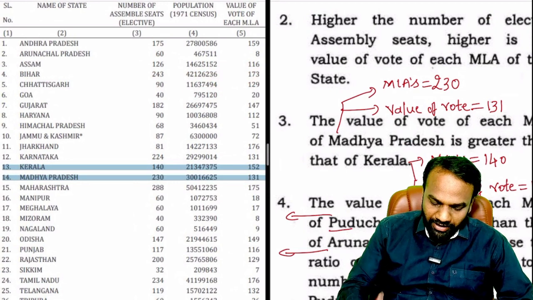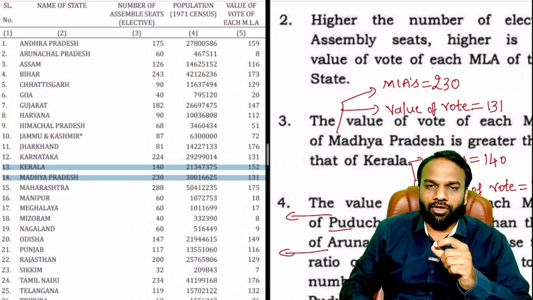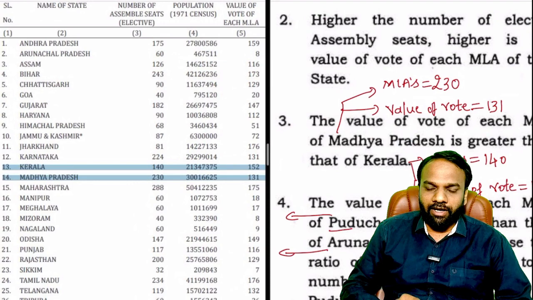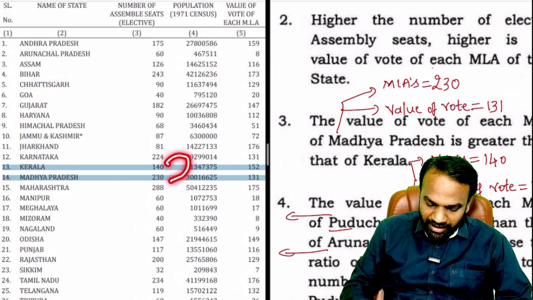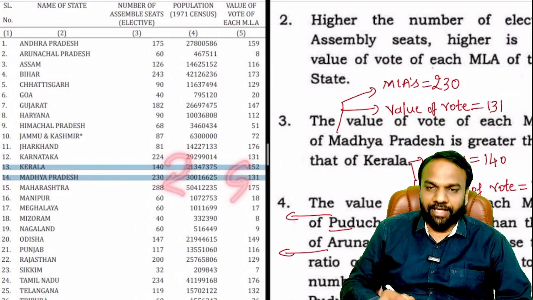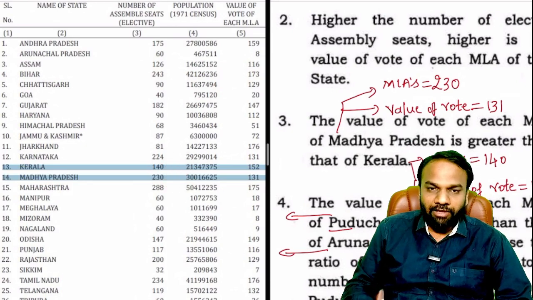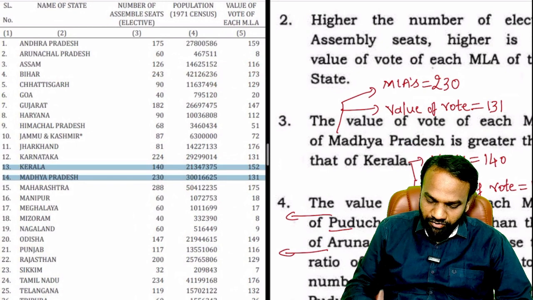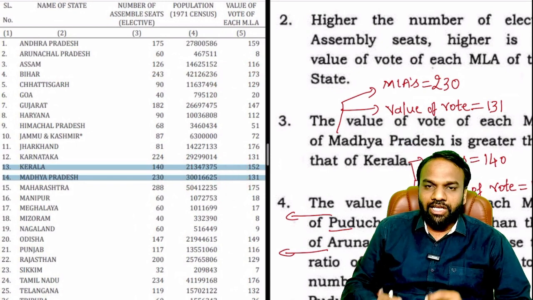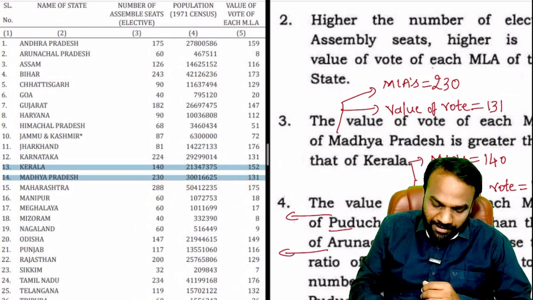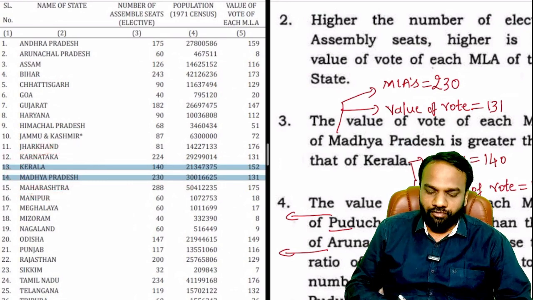But while going in this order, somewhere we come across a place where this order is not maintained: the MLAs increase, but the vote value decreases. The number of MLAs increases from 140 to 230, but the value of one MLA's vote decreases from 152 to 131. So in this order, the first time it happens is for Kerala and Madhya Pradesh.